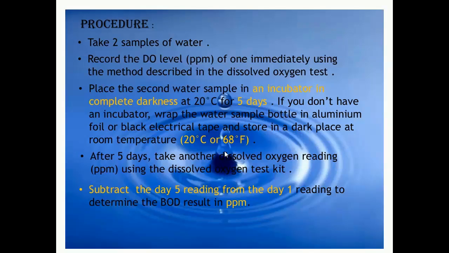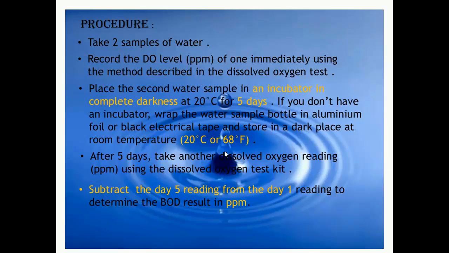If you do not have an incubator, wrap the water sample bottle in aluminum foil or black electrical tape and store in a dark place at room temperature, that is nothing but 20 degrees centigrade.